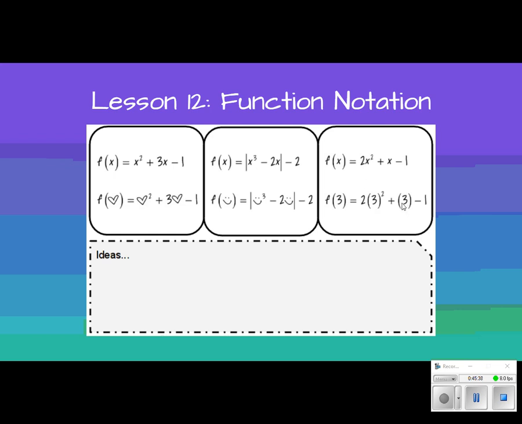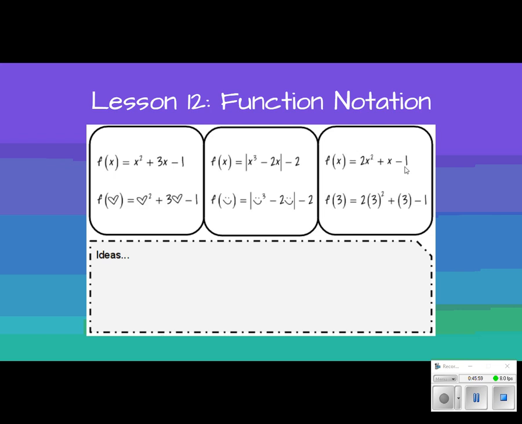And if you see me not wrap my values in parentheses when I plug them in, just know, shame on me, bad habits. I'm trying to teach you good habits. So you should be plugging in values and wrapping them in parentheses, and that will help you in the long run. And this is something that you could type in the calculator.